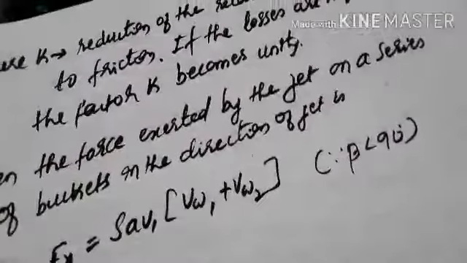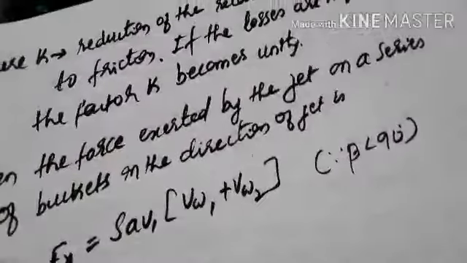Substituting this value in the above equation number 1 and simplifying, we get (1 plus cos pi) divided by 2. Just substitute the value of u here, then simplify it, and we get finally (1 plus k cos pi) by 2 into 100.